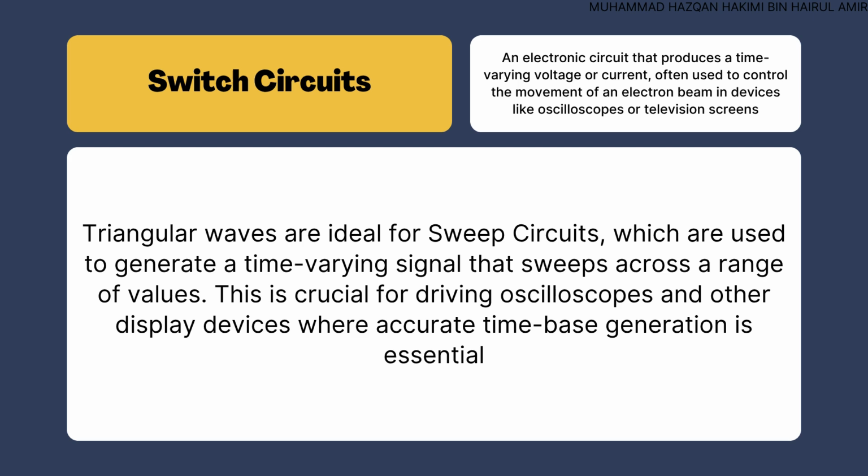Triangular waves are ideal for sweep circuits, which are used to generate a time-varying signal that sweeps across a range of values. This is crucial for driving oscilloscopes and other display devices where accurate time-based generation is essential.